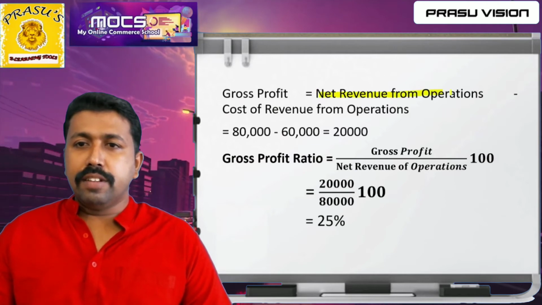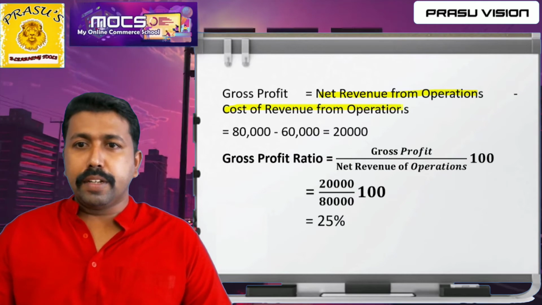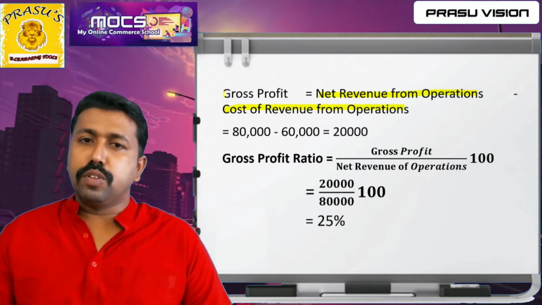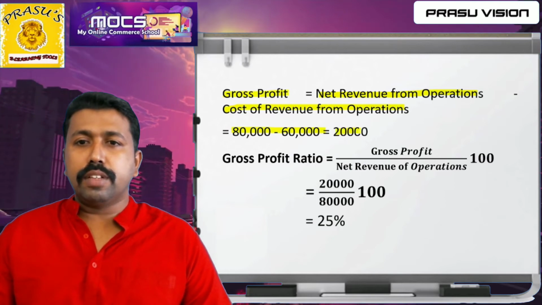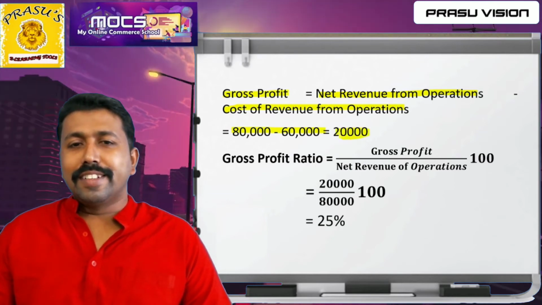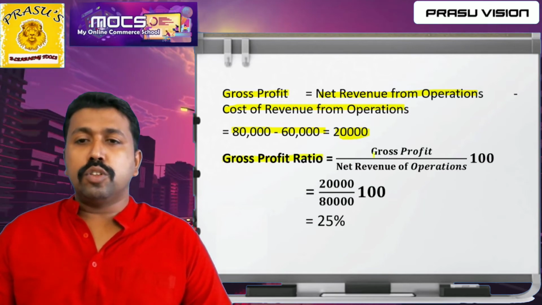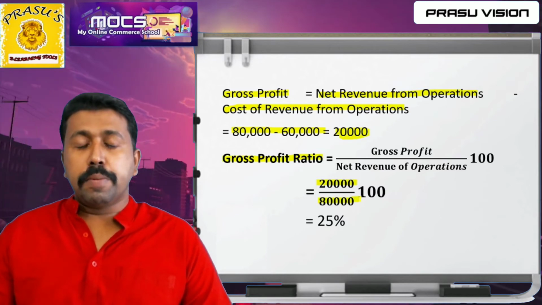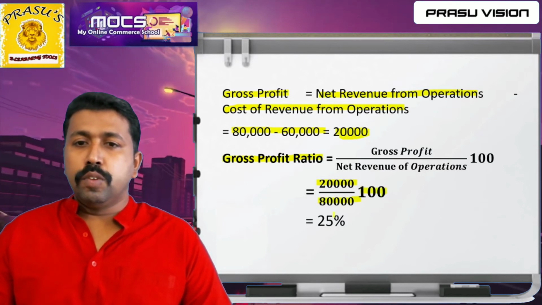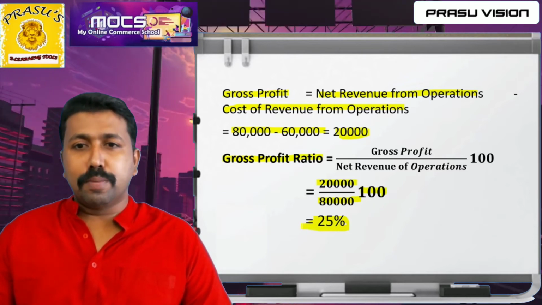I have already listed the equation: net revenue from operation minus cost of revenue from operation is equal to the amount of gross profit. So 80,000 minus 60,000, 20,000 is the amount of gross profit. Then we can directly apply the equation. Gross profit ratio is equal to 20,000 gross profit divided by net revenue from operation 80,000 into 100. We will get 25% as the value of gross profit ratio.